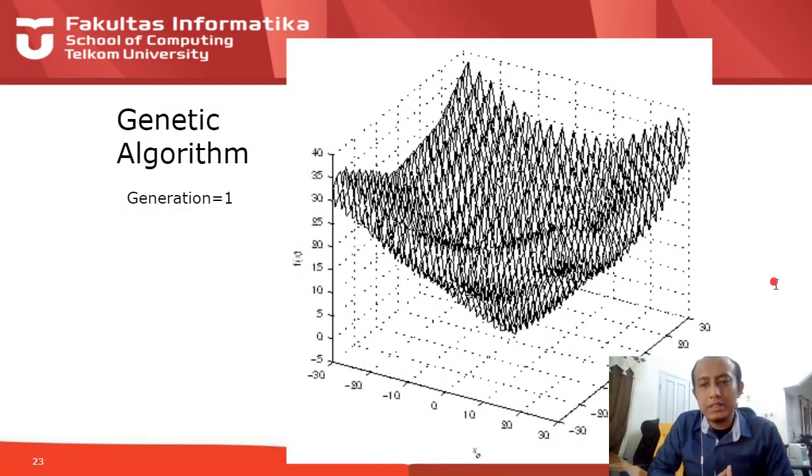Now what happens if we use a genetic algorithm? So first, we can generate random solutions for individuals. And then we pick the best one. For the next generation, we perform recombination and mutation.